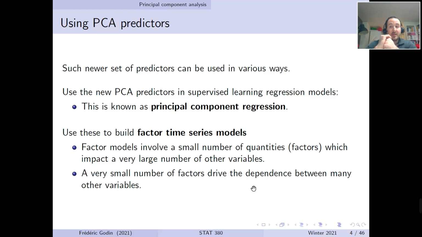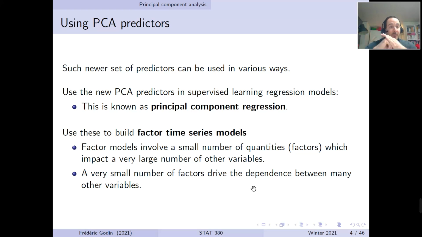Alternatively, these principal component analysis methods can be involved in the construction of a factor-based time series model. I don't necessarily want to delve into too much depth about explaining how they work, but the idea here is that often we have a very small number of quantities which impact a very large number of observations.